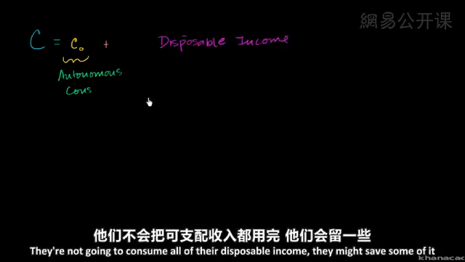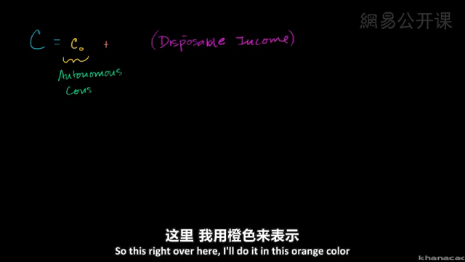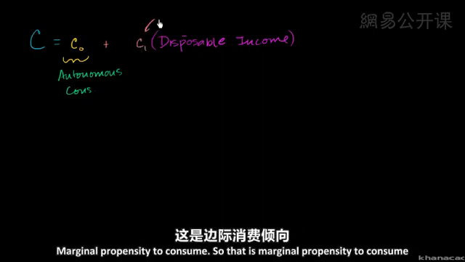And they're not going to consume all of their disposable income. They might save some of it. So they're going to consume the fraction that's essentially their marginal propensity to consume. So this right over here, I'll do that in this orange color. Marginal propensity to consume.